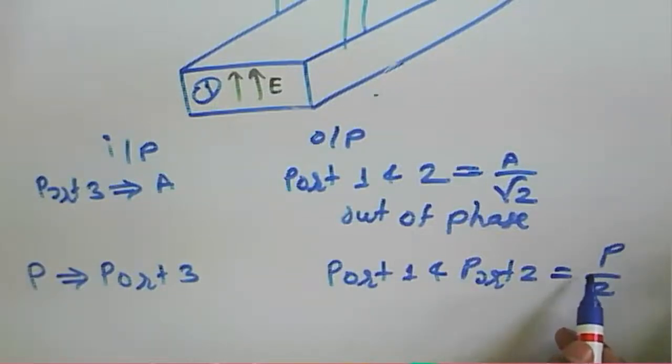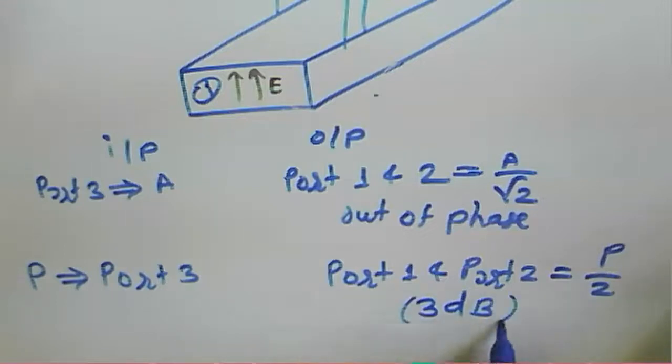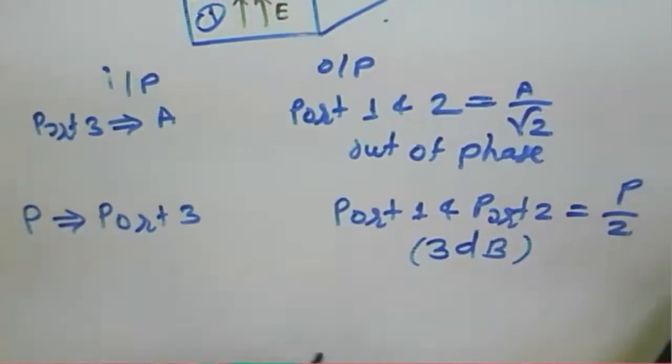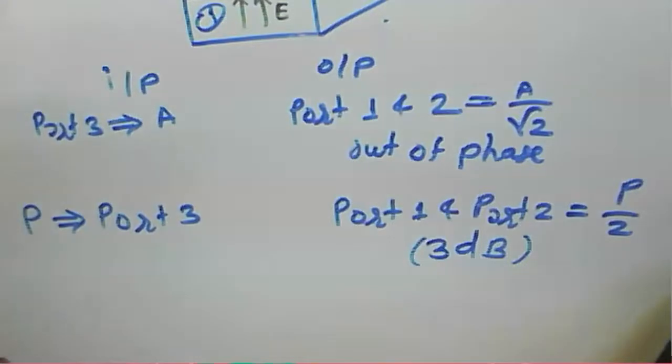In terms of dB, this is a 3 dB division of power at port 1 and port 2. It means the input power incident at port 3 is divided equally between port 1 and port 2. That's why we can say the E plane T is a power splitter, or a 3 dB splitter.